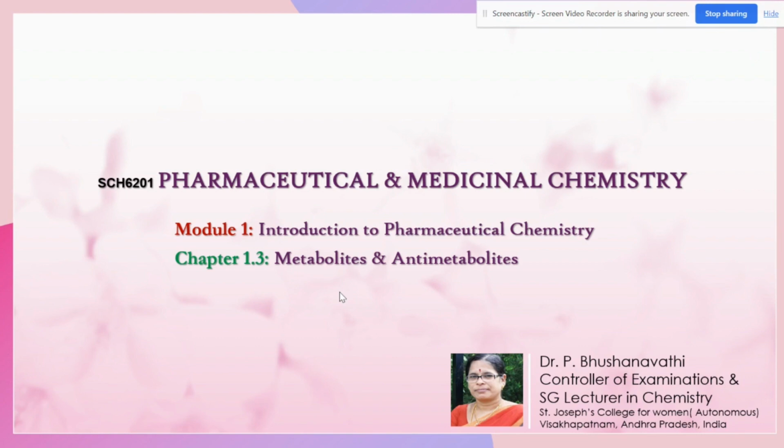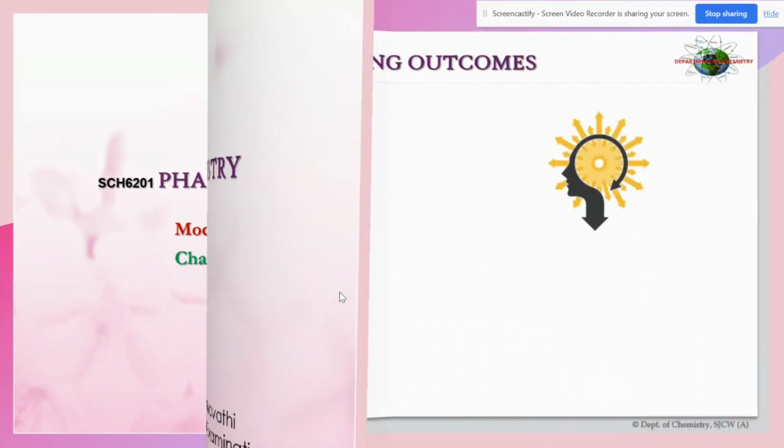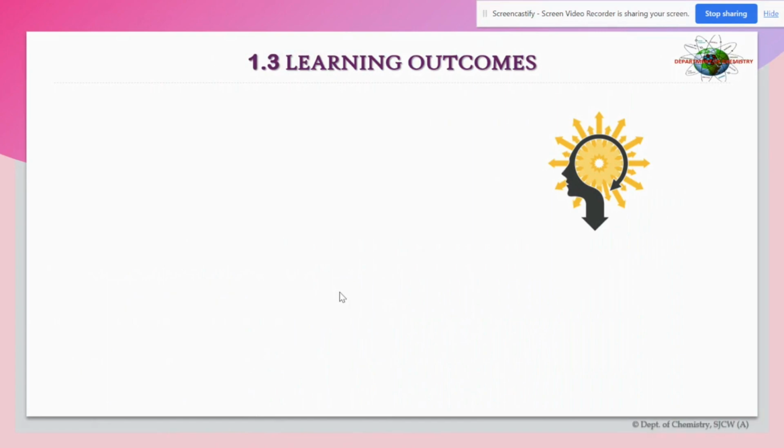We have also learnt about absorption, digestion, metabolism, and excretion in pharmacokinetics. We have also understood the difference between the two terms, and now we progress to chapter 1.3 on metabolites and antimetabolites, which are the molecules present in living systems.